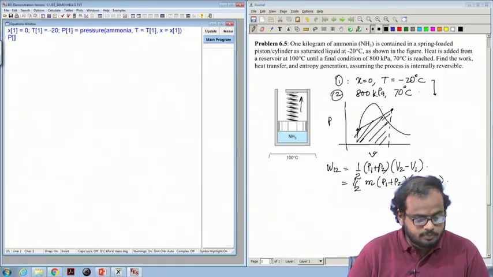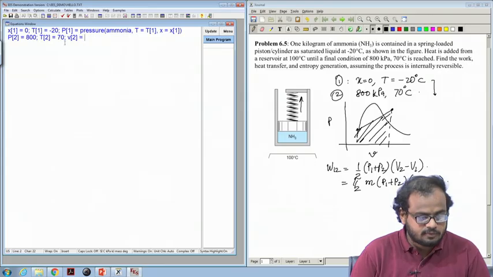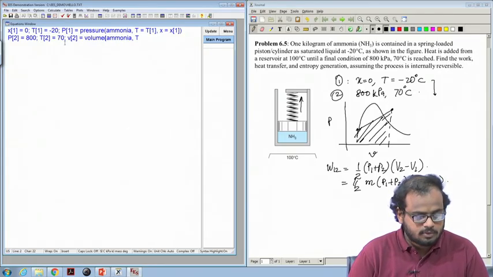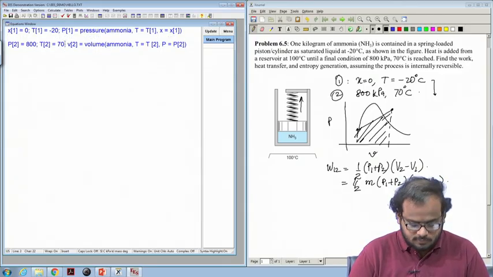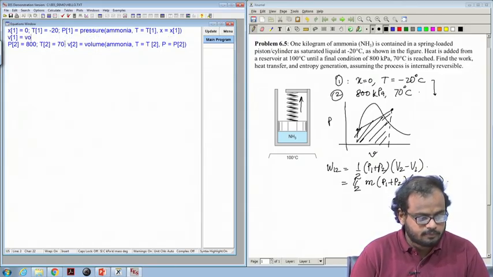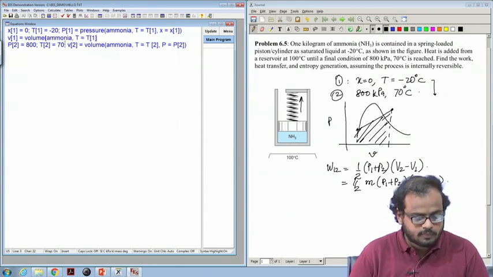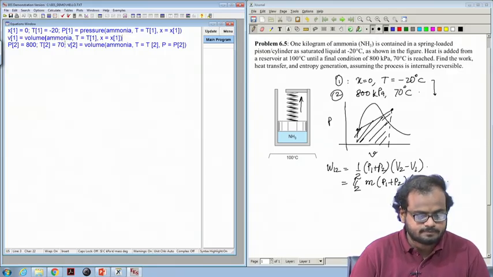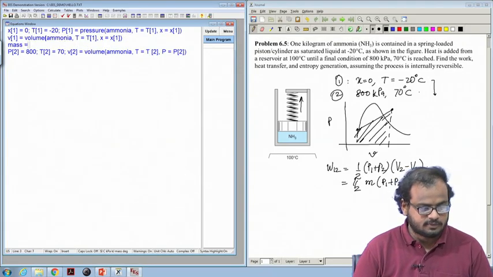And similarly, P2 is 800, T2 is 70, and V2 is volume of ammonia, T equal to T2 and P equal to P2. We also have V1 equal to volume of ammonia, T equal to T1 and x equal to x1, and the mass is given as 1.